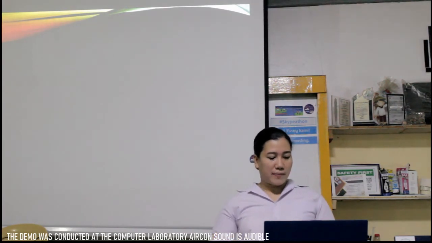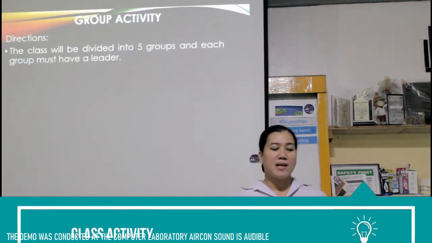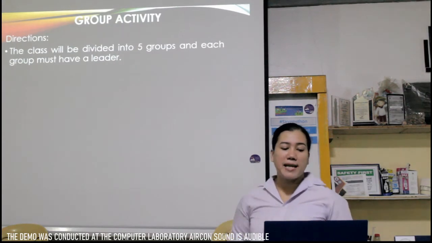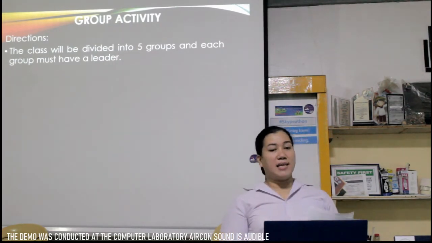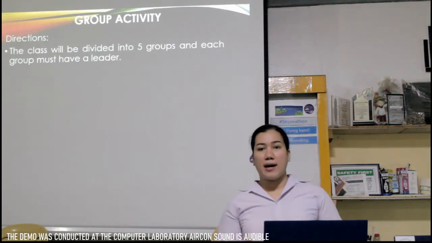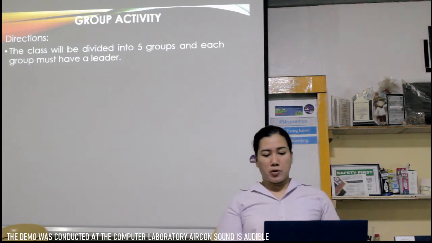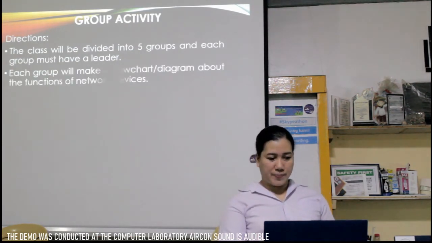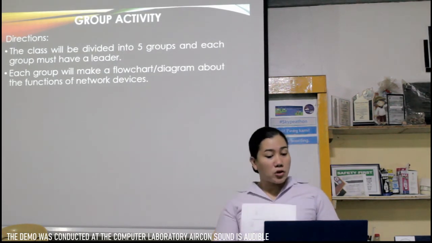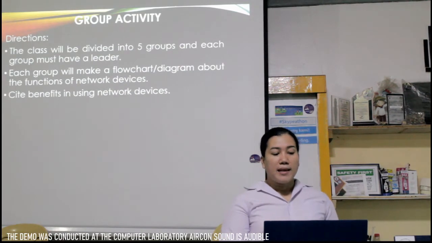Okay, for our group activity for today, the directions: the class will be divided into 5 groups and each group must have a leader. Since you are already in 5 rows, each row will be one group. So you have to choose your leader. Each group will make a flowchart or diagram about the functions of network devices.